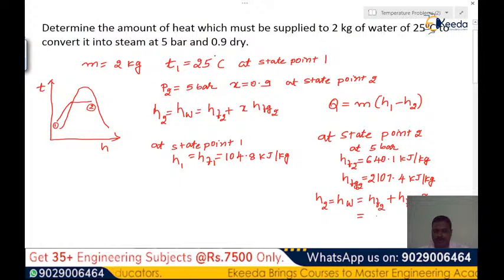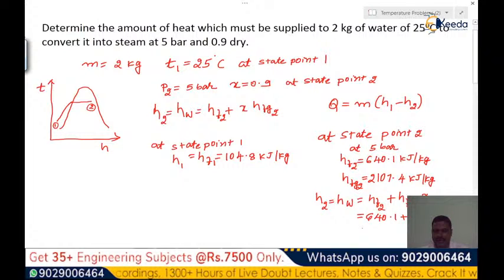So HF2 is 640.1, as listed, plus HFG2, which is 2107.4 into X, which is 0.9.